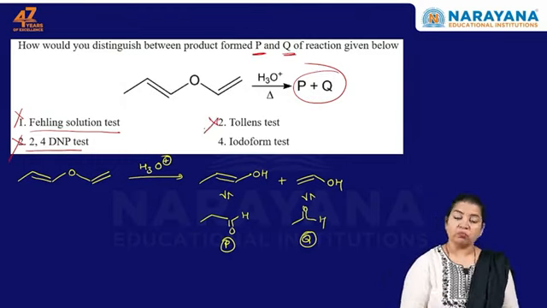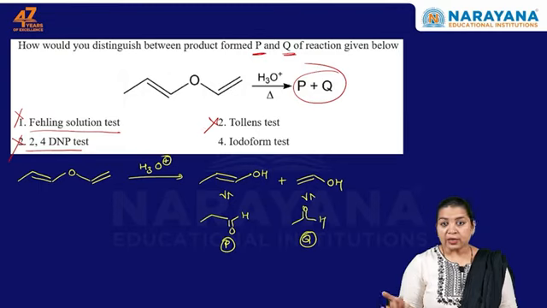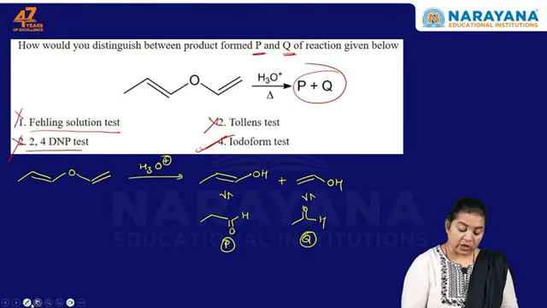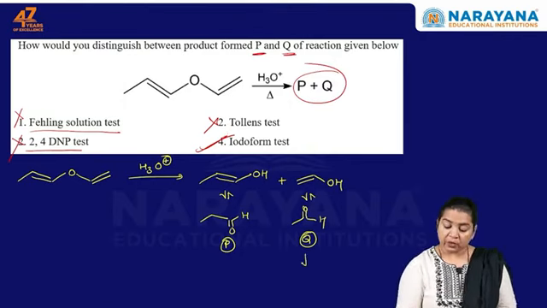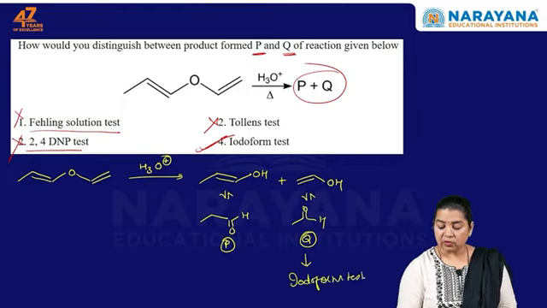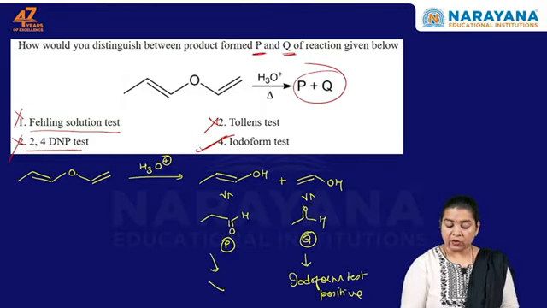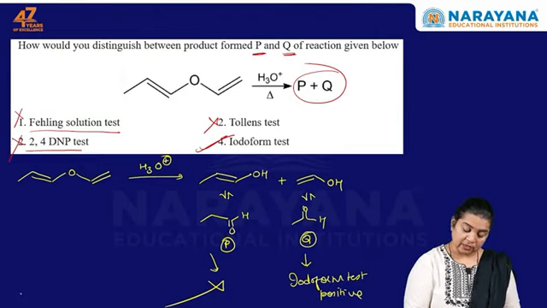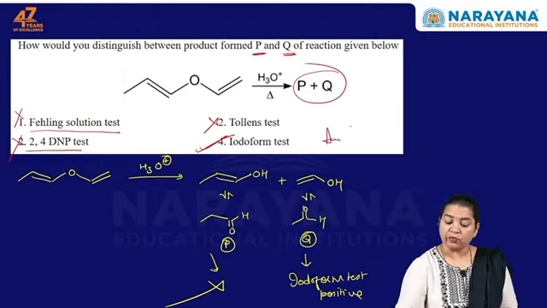Tollens test: both are aldehydes, both will give the silver mirror test positive, can't be used. Iodoform, yes. Now the point is, which will give iodoform? This one will give the iodoform test positive, but this one will not, and thus the iodoform test could be used to differentiate P and Q, and the answer is 4.